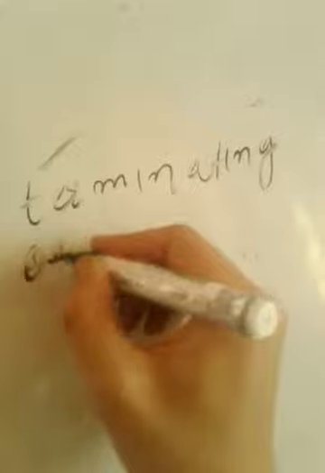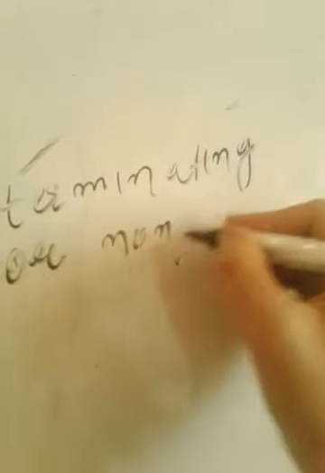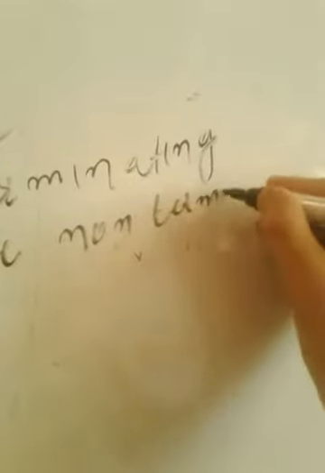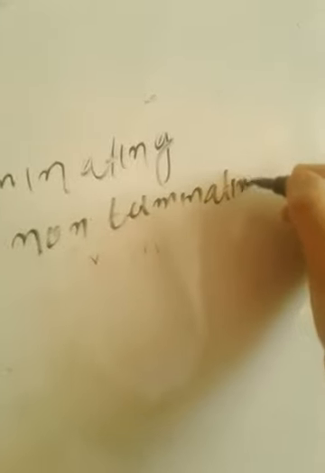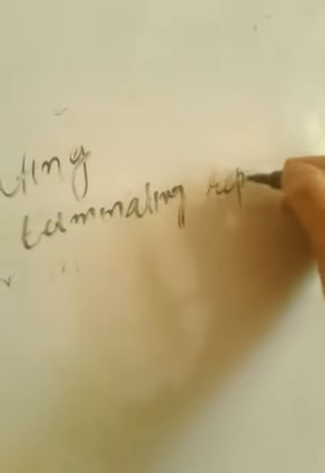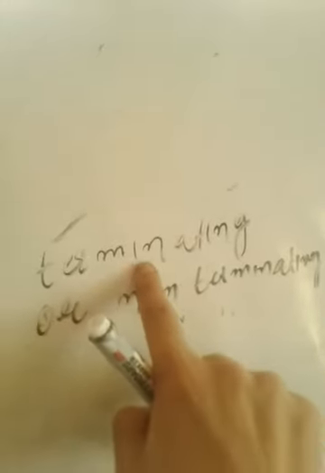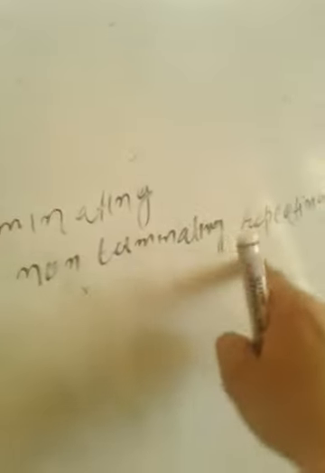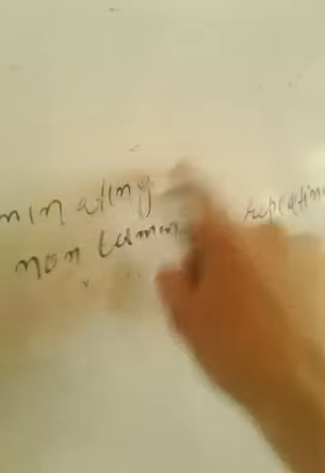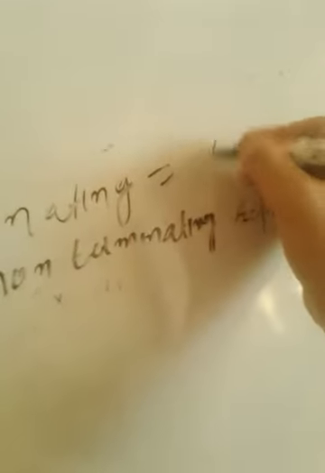or non-terminating, repeating, or recurring, as we often call it. Either terminating or non-terminating repeating. What is terminating? For example, if I have a number like 0.35, this is terminating.